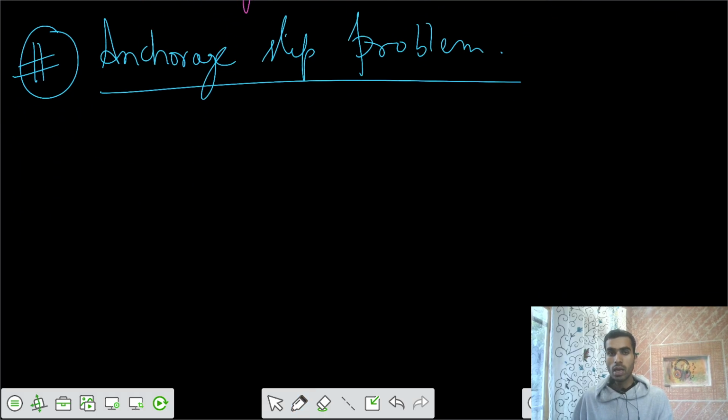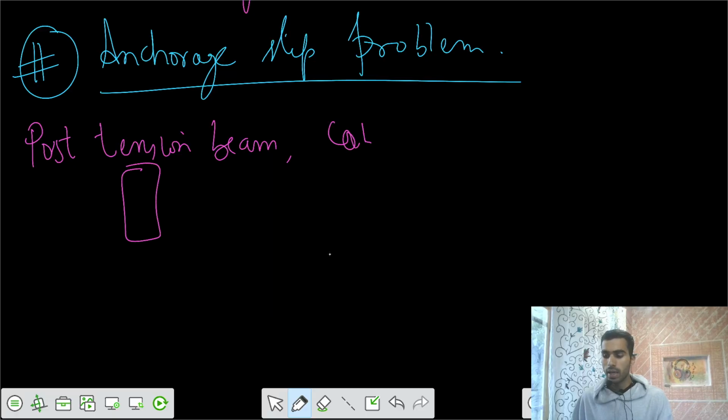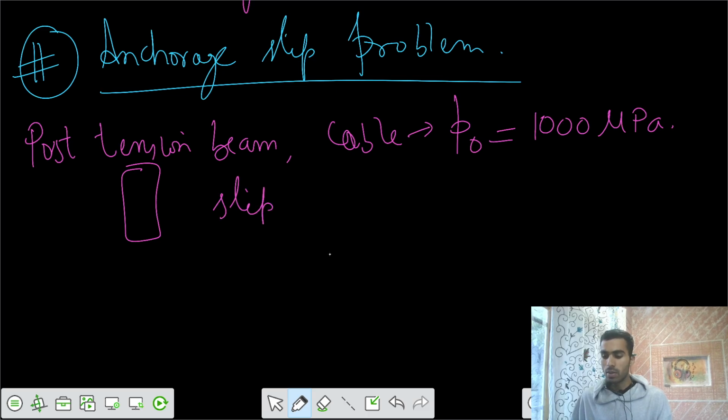We have a post-tension beam and there is a cable also. Let's say the cable has an initial pre-stress of 1000 megapascal, and slip is at the jacking end.